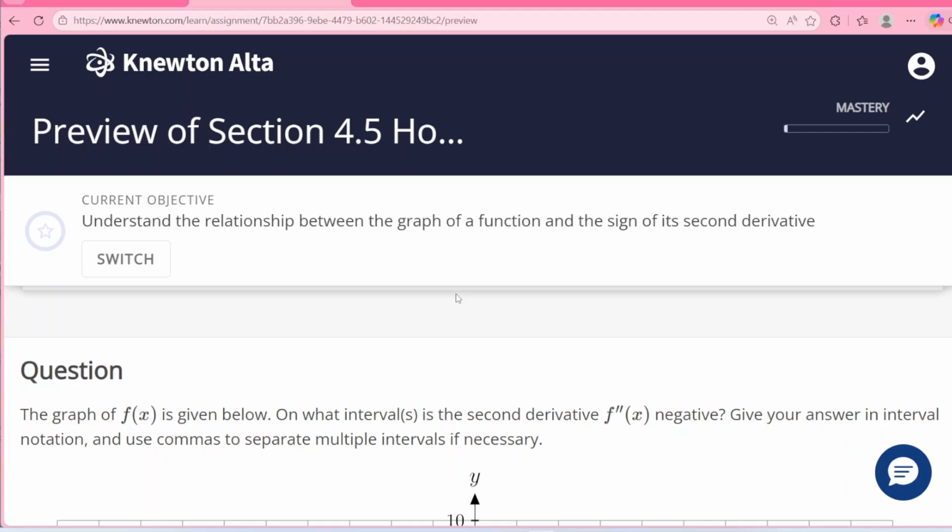Wherever the second derivative is positive, the original function will be concave up, curling upward, part of a bowl that holds water. And wherever the second derivative is negative, that's where the original function will be concave down, or curling downward, or part of a bowl that's dumping water. I don't know how else you want to think about that.